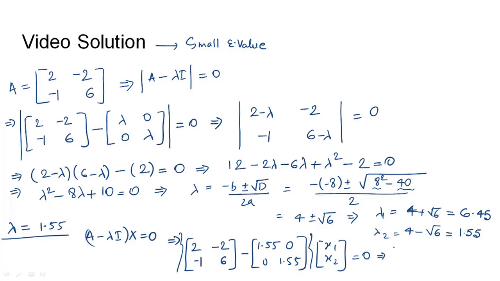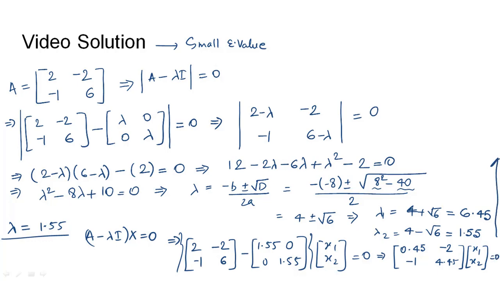This will be [0.45, -2; -1, 4.45] into [x1; x2] equals 0.